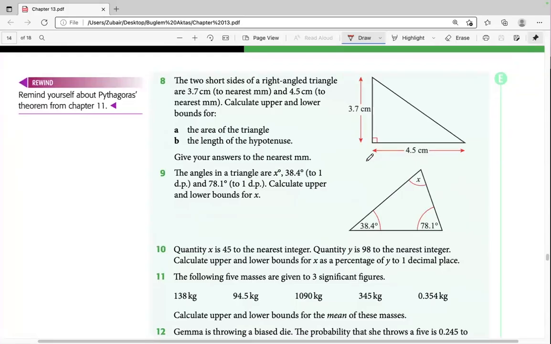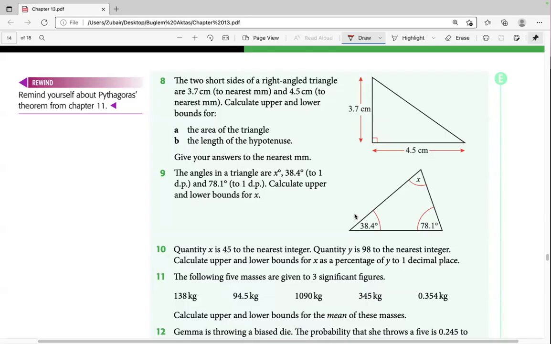Let's try question number 9. The angles in a triangle are x degrees, 38.4 to 1 decimal place, and 78.1 to 1 decimal place. Calculate the upper and lower bound for x.